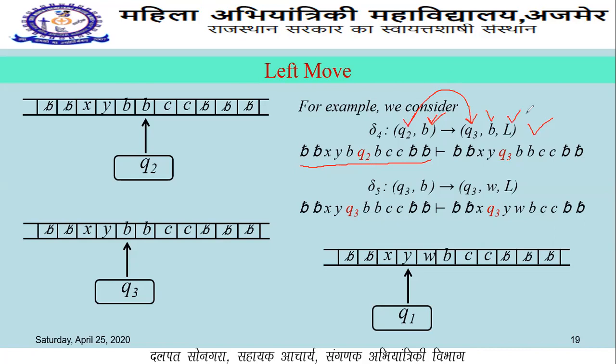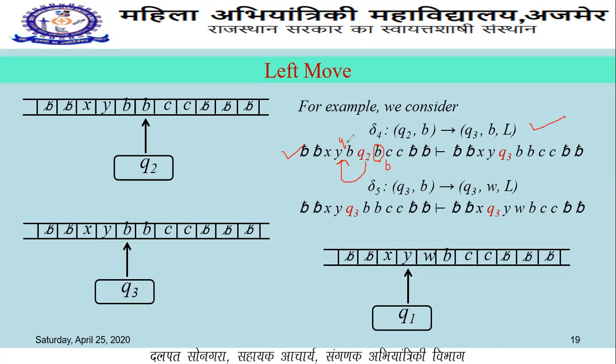So when we apply this delta 4 at this instantaneous description, then this q2 moves left hand side and comes in between y and b, and this b is overwritten by b again.